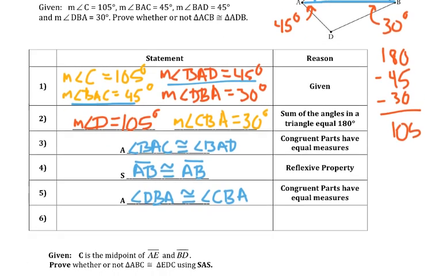So now we have angle, side, angle. So we can state that triangle ACB is congruent to triangle ADB because, our reasoning, angle, side, angle.